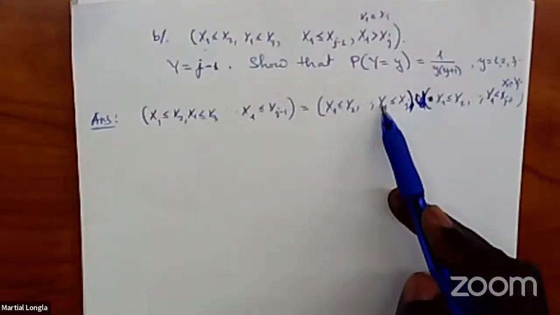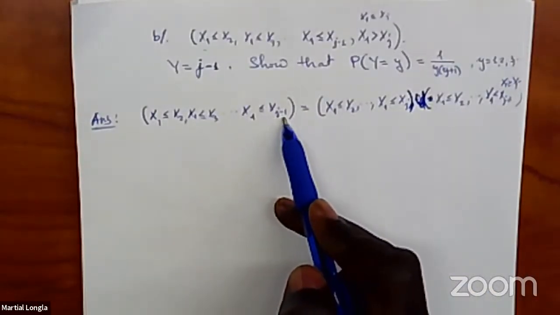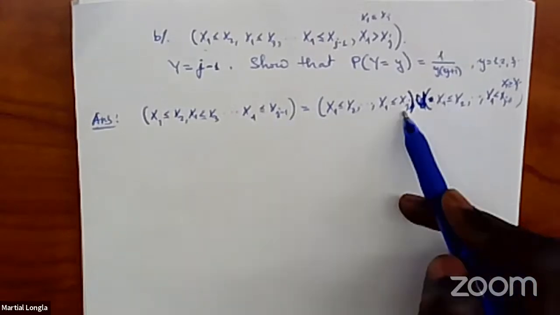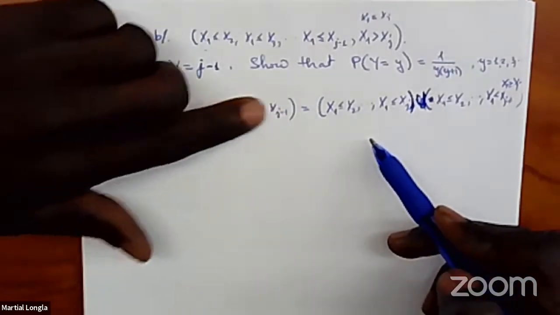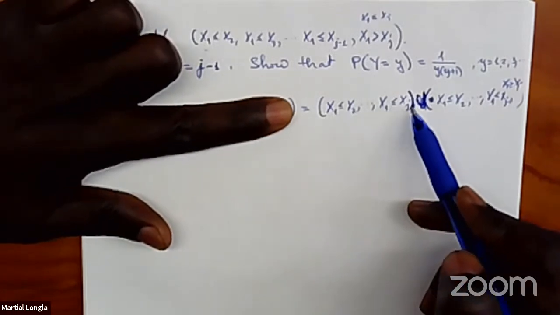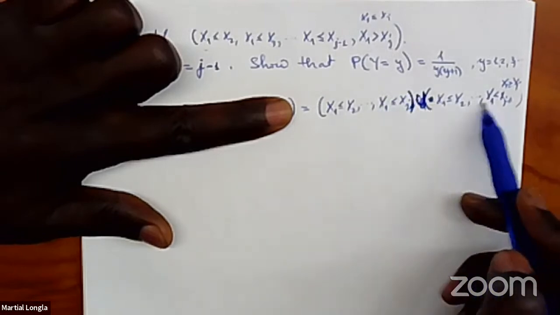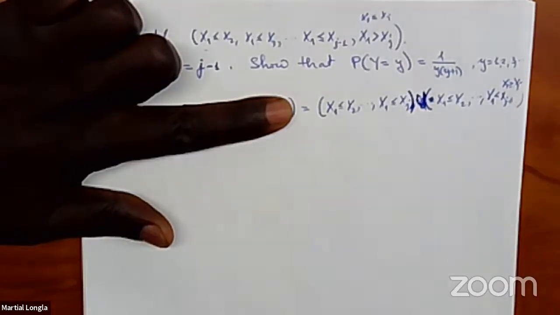So the union of these two is that one. Here you're stopping at x(j minus 1). So if I know everything up to j minus 1, it is the same as knowing everything up to j, splitting the next one into the two only possible cases. This is the law of total probability that we have. Okay?